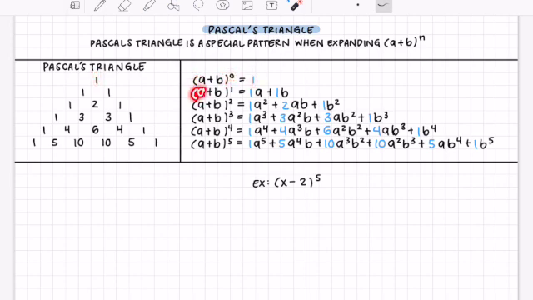Then for our second row, we have a plus b to the power of 1. So in that case, we have 1 and 1 down here. And same thing, we get 1 and 1. And I'm just adding a plus b because it's a plus b to the power of 1, which is basically just a plus b.